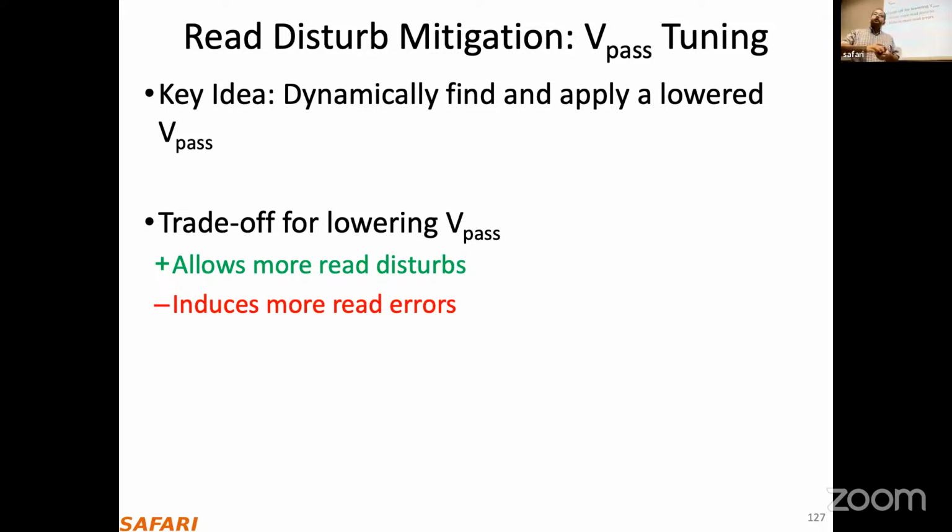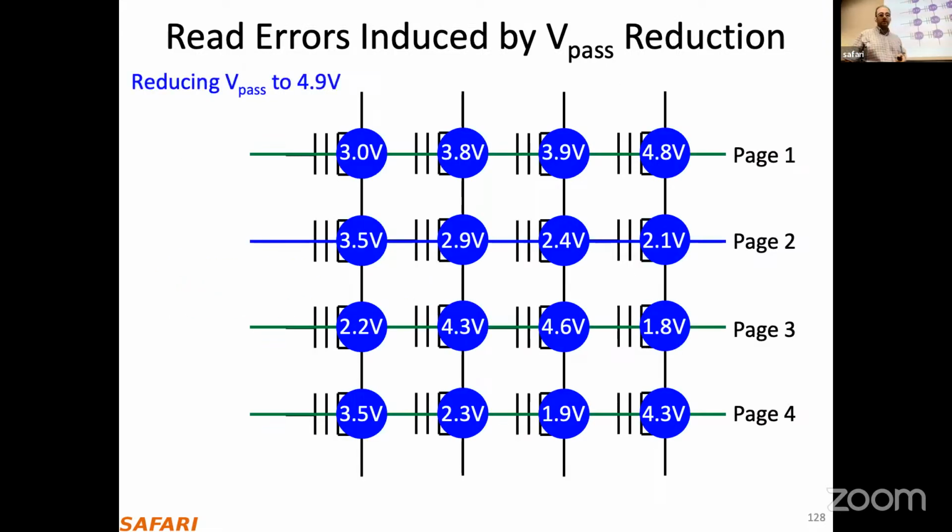But since you lower VPass, there could be some cells that act as a switch off because your VPass is not high enough. So you will generate some errors because of that. But at the same time, you reduce the number of errors caused by read disturb, right? Because you have a lower VPass. So this is a very interesting trade-off analysis that we should explore.